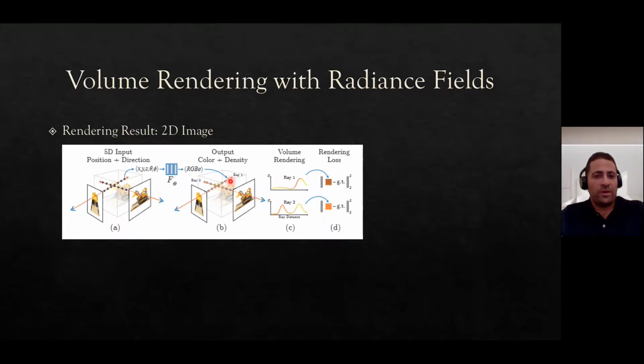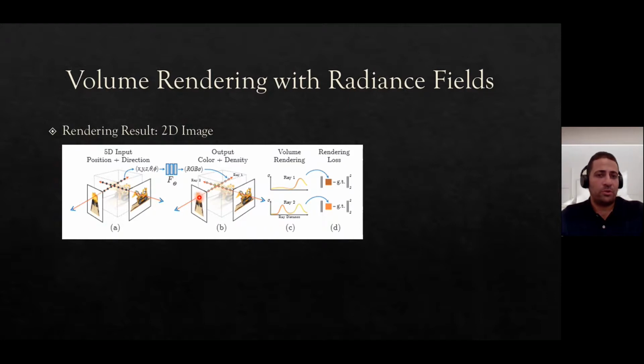Now, the rendering part. Let's say, for example, that this image is the one that I want to generate. The volume rendering section would look at the function of sigma, and it would see at each point what the RGB and sigma value is at this point. And somehow we need to know the end result, which is the pixel.